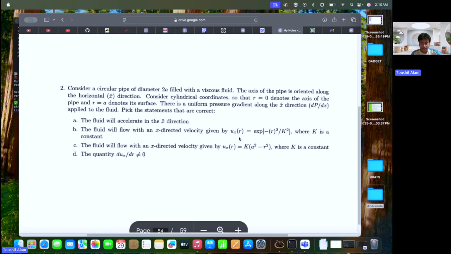Option B is saying the positive x velocity will be exponential, that it will be of this form. And option D is saying it is non-zero. So here it is given that at r equal to a, it can be 0.